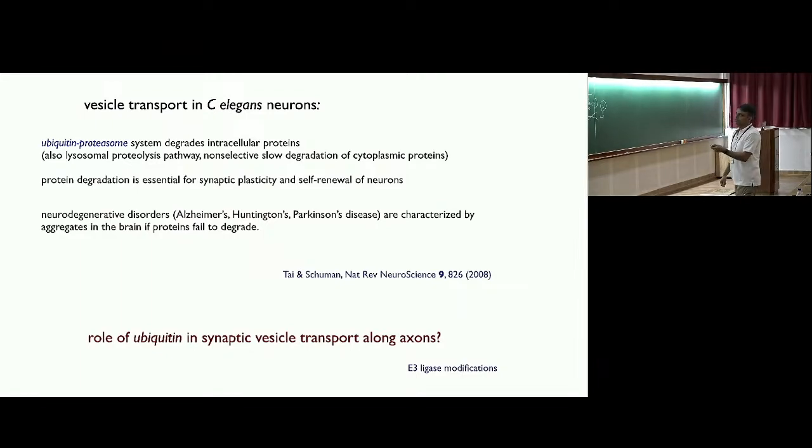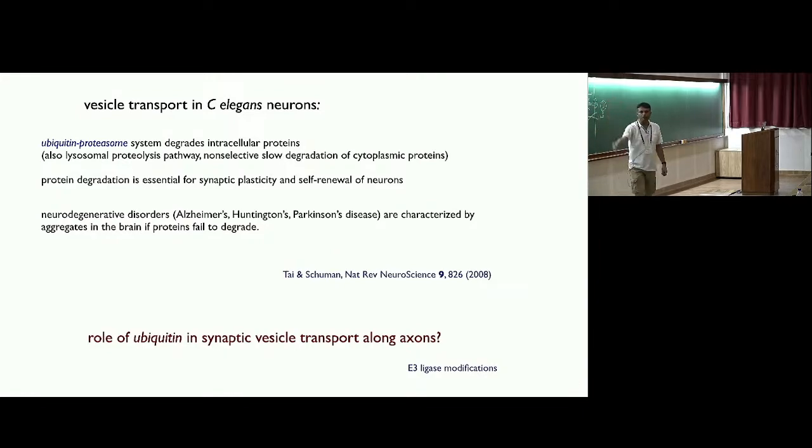Several neurodegenerative disorders, Alzheimer's, Huntington's, Parkinson's, are characterized by aggregates in the brain when proteins fail to degrade. So in that sense, these pathways are important. Then the question is, what is the role of ubiquitin in transport?